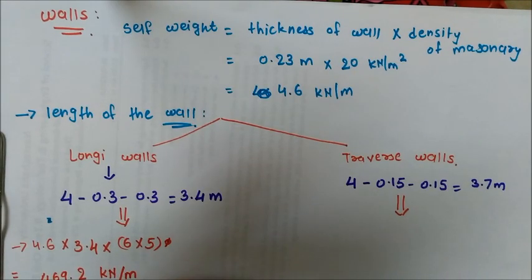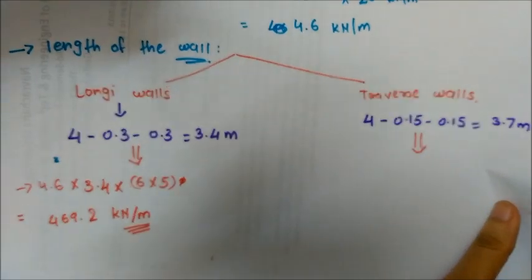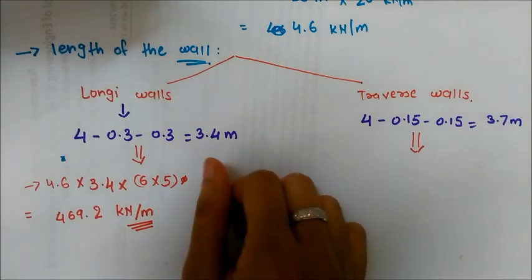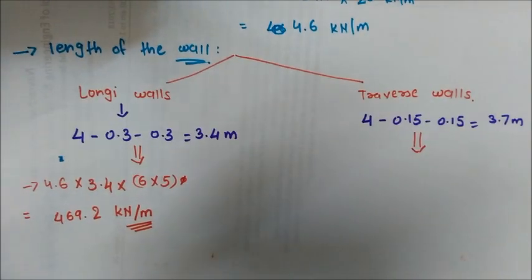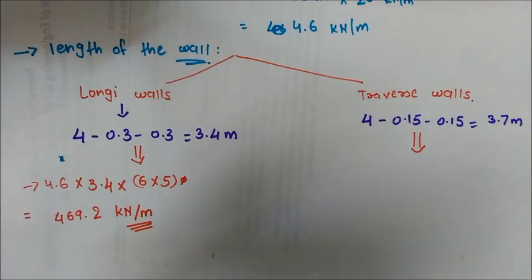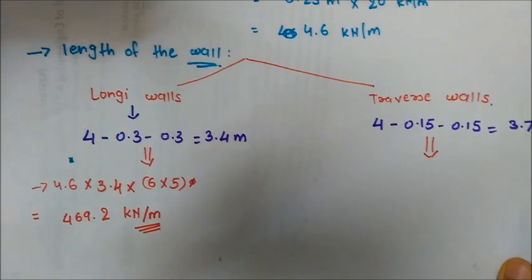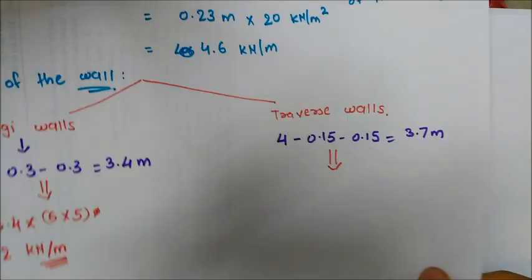Here also we have to determine the height of the wall in meters. You can see in this calculation I have not considered any height of the wall, so we will multiply it later. Now you just take the weight of the wall in kilonewton per meter.